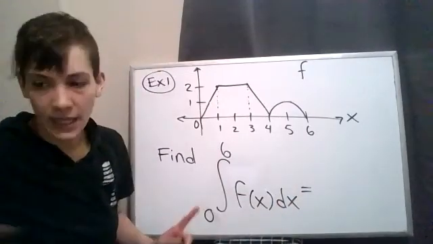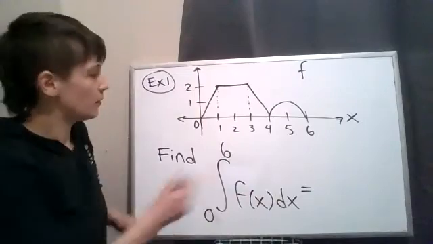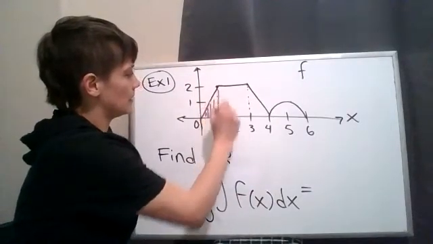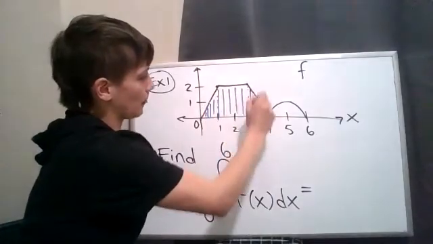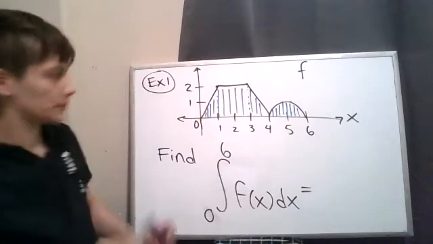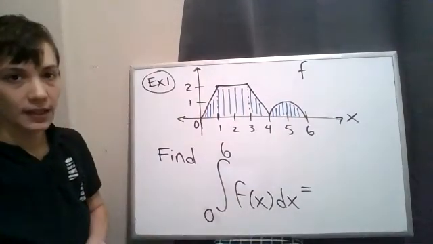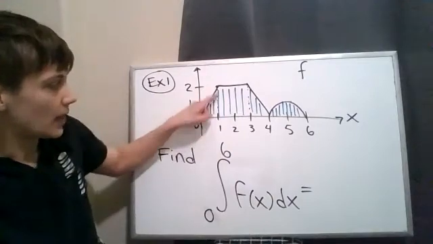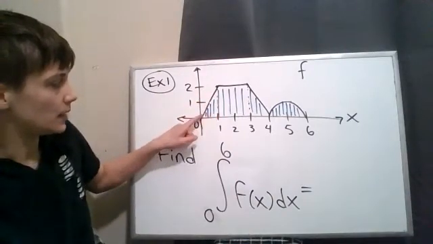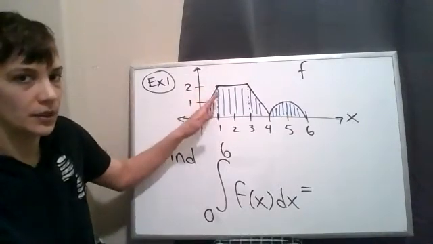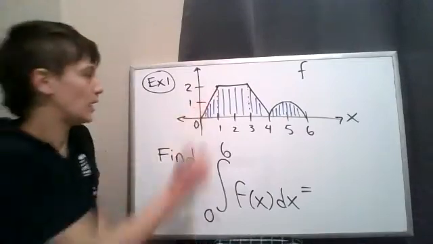So we're trying to get the area under the curve from f to the x-axis. Right here, we're going to get the area of that triangle. This would be a square that's 2 by 1, and then cut it in half. So an area of 2, and half of that is 1.